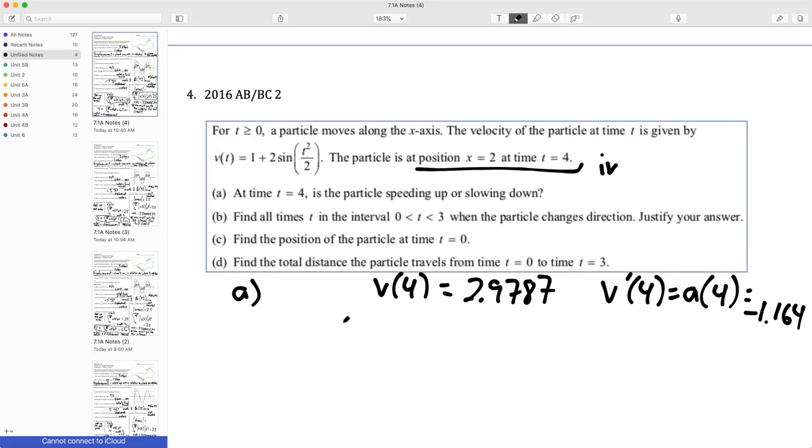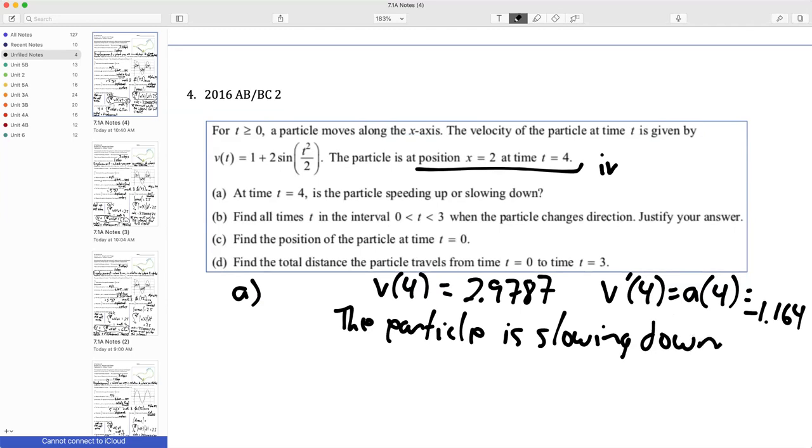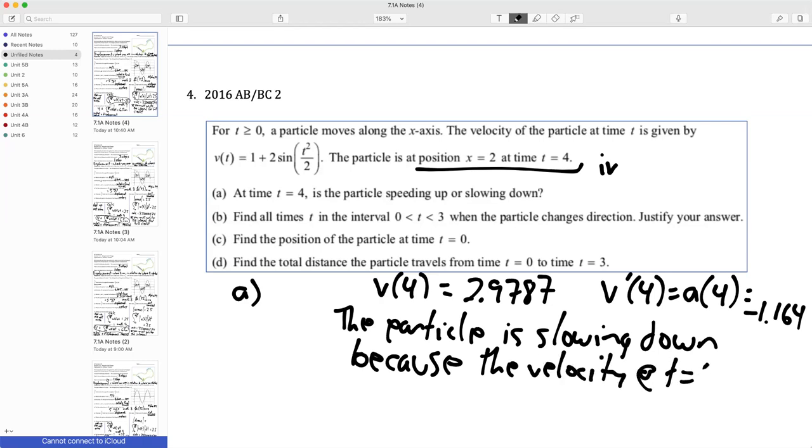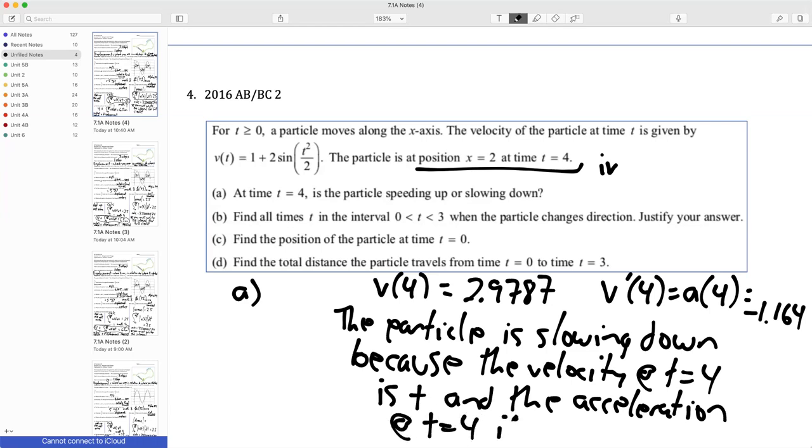And I'm going to say the particle is slowing down because the velocity at t equals 4 is positive and the acceleration at t equals 4 is negative.